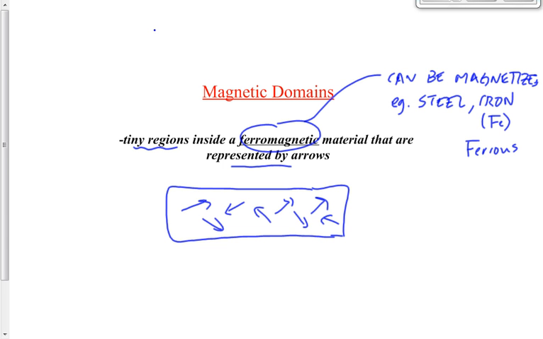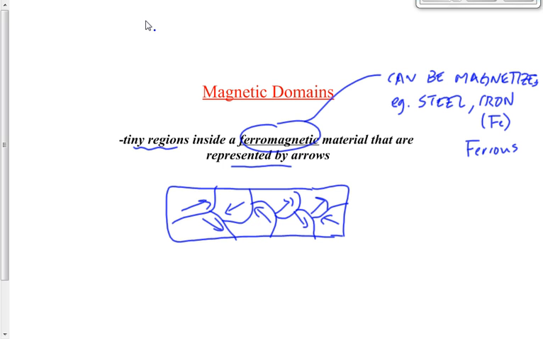If we group together electrons that are spinning in certain ways, we get these little regions. We represent these little regions by arrows. We can't draw the spins of electrons, so what we do is draw arrows that represent these commonalities in these spins. These arrows are what we use to represent these domains, these common regions of electron spins.